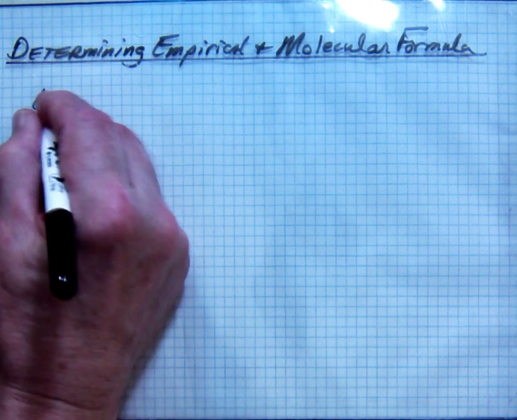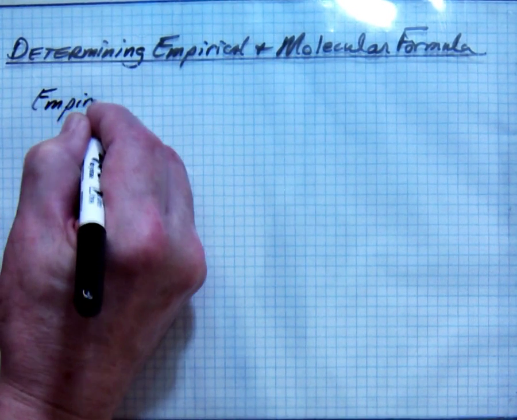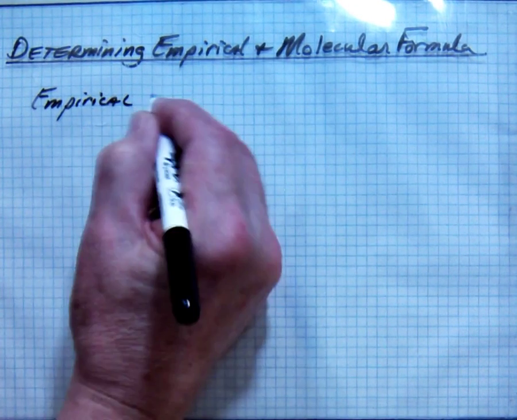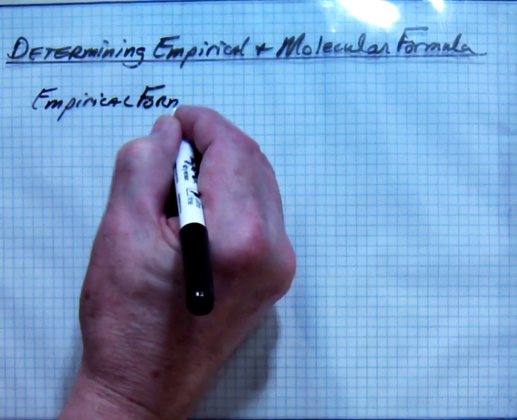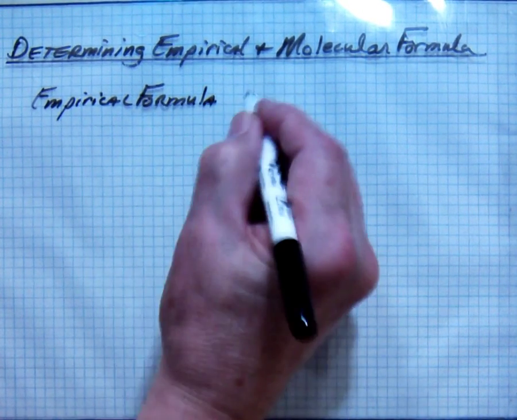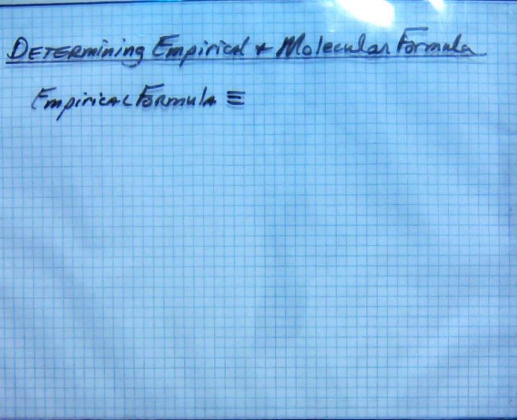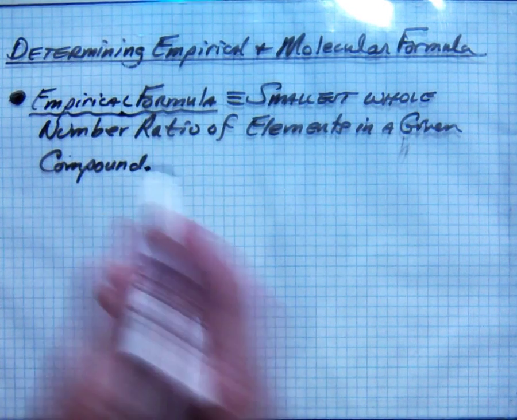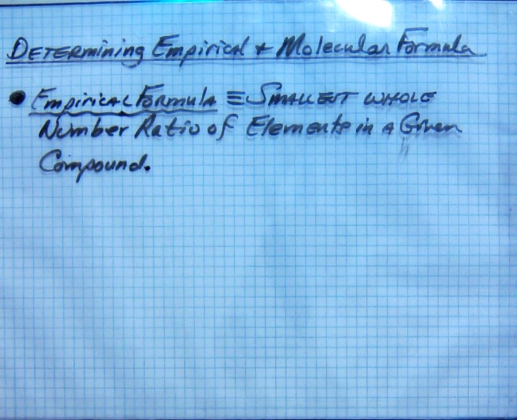Empirical formula by definition is the smallest whole number ratio of elements in a given compound.